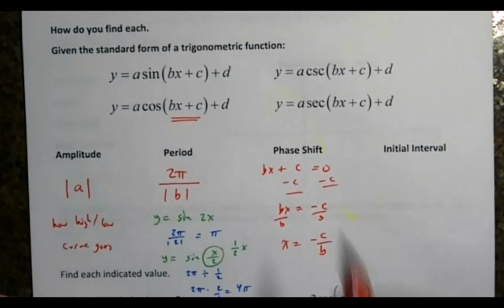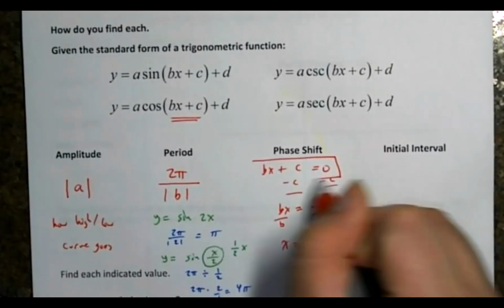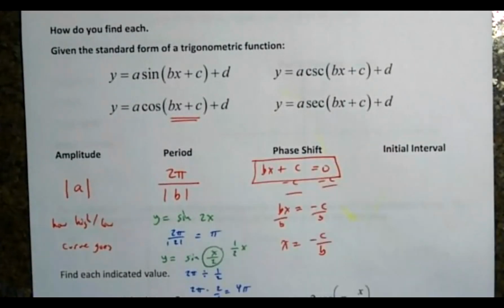So that's how you're going to find our phase shift. Take whatever's inside the parentheses, set it equal to 0, and solve it. If there are no parentheses, this is important.